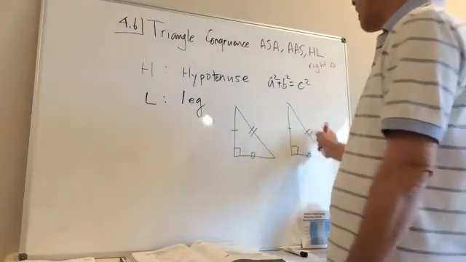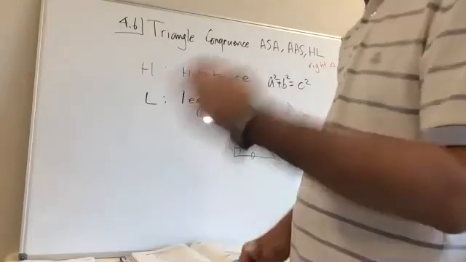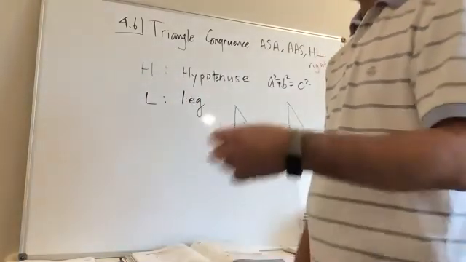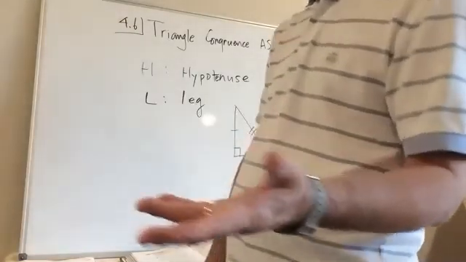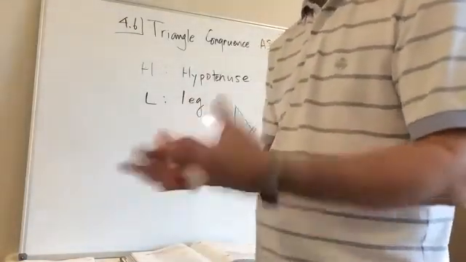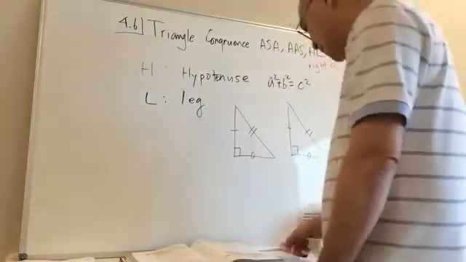So HL, hypotenuse leg, works only in a right triangle, and it's really a special case, or subset, of side, side, side.